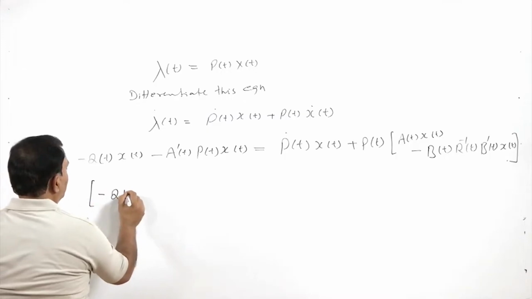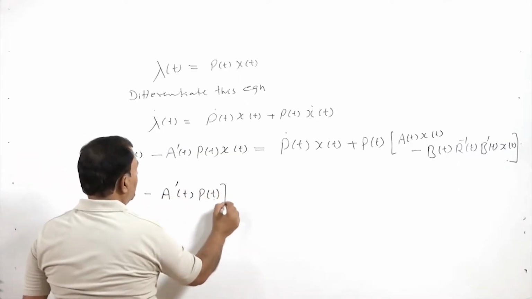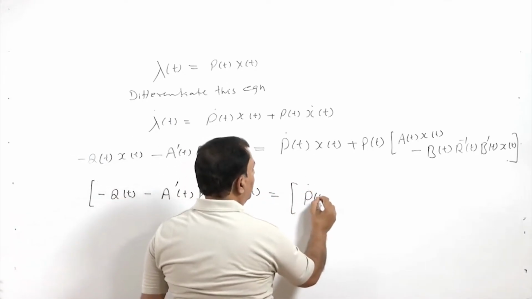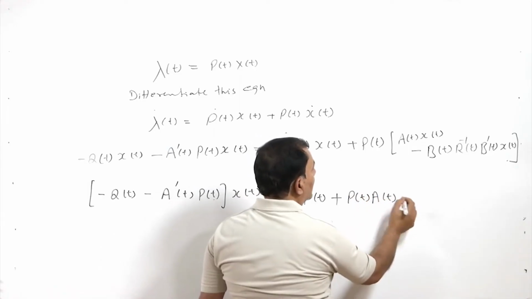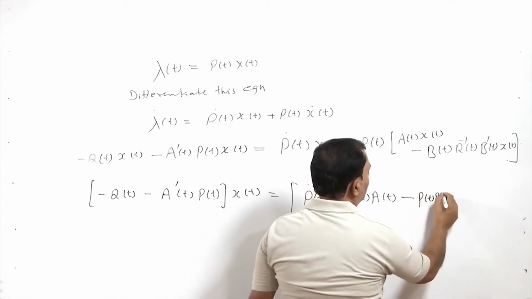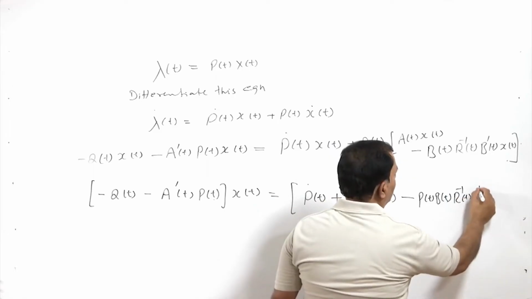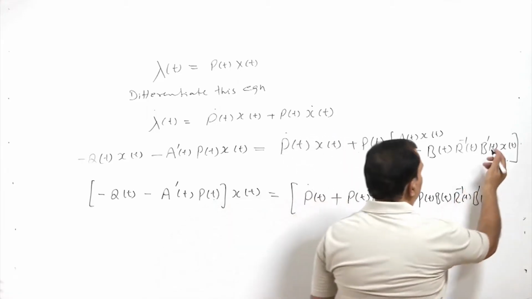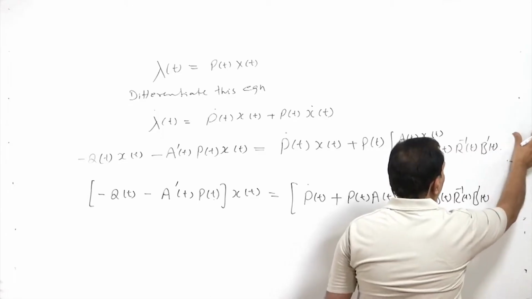This is minus Q(t) x(t) minus A transpose P x(t), and on this side what we have is P dot plus PA minus P B R inverse B transpose P(t) x(t).